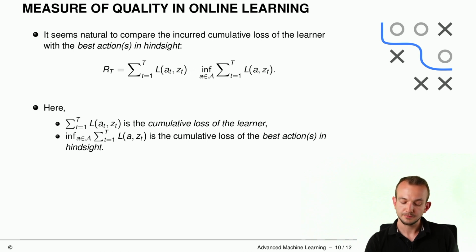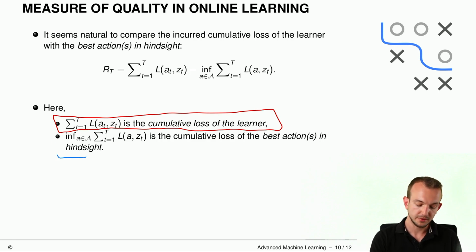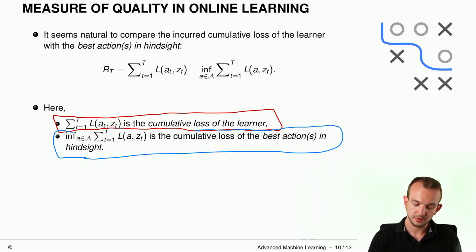So again, we compute the cumulative loss of our learner and compare it with the cumulative loss of the best action in hindsight, in the sense that we look for the action which would have generated the smallest cumulative loss if we would have used it for all time steps ranging from 1 till capital T. And if this value is very small, then it's telling us that the decisions which our learner has made were indeed good.